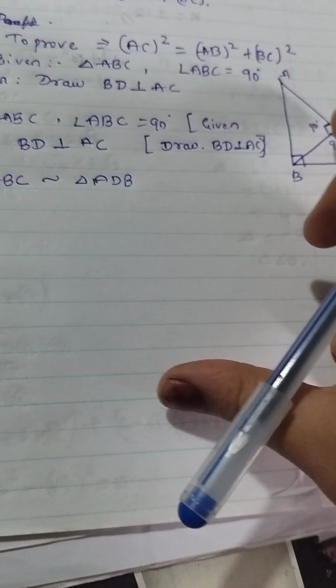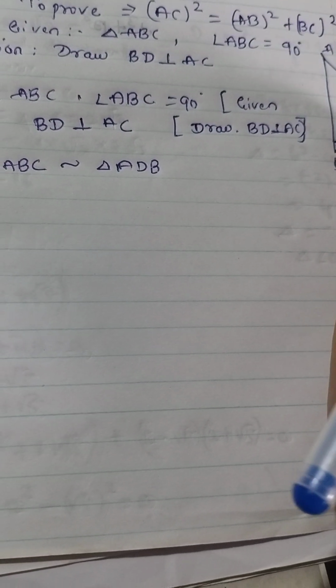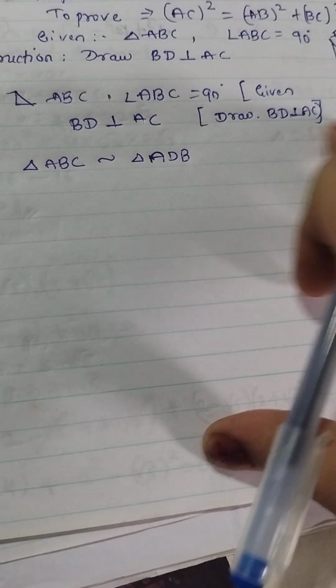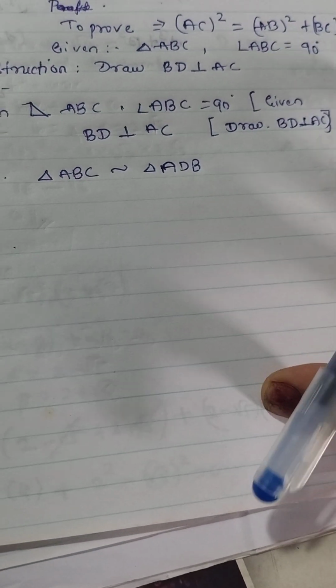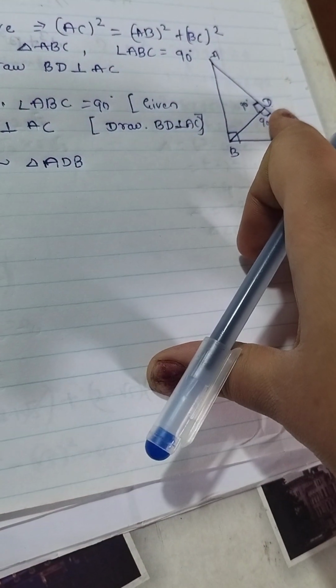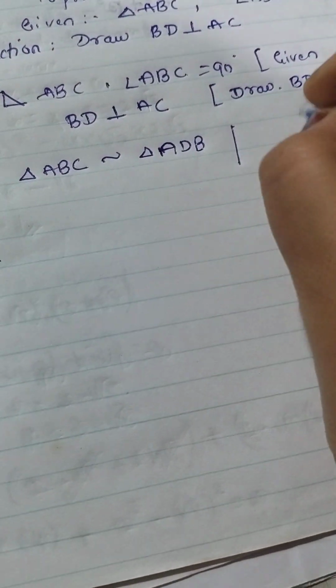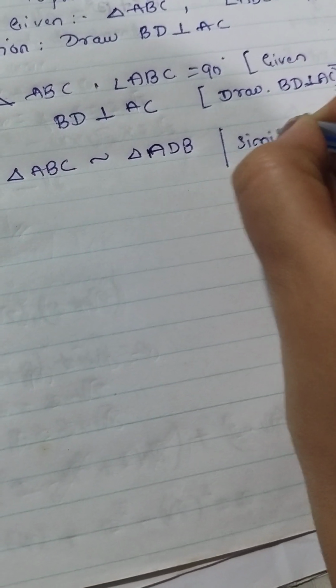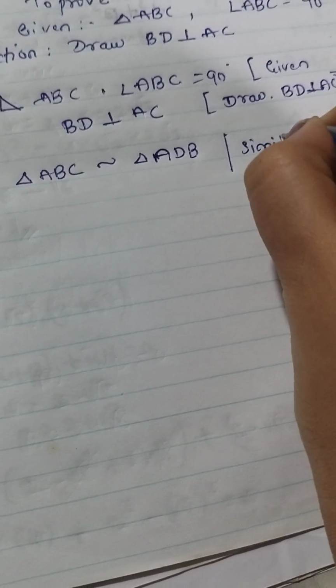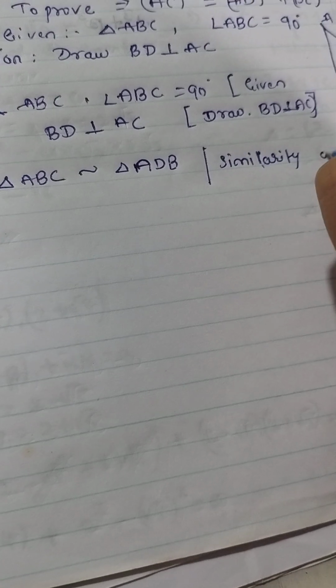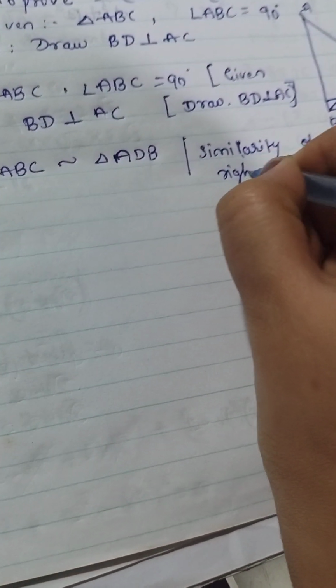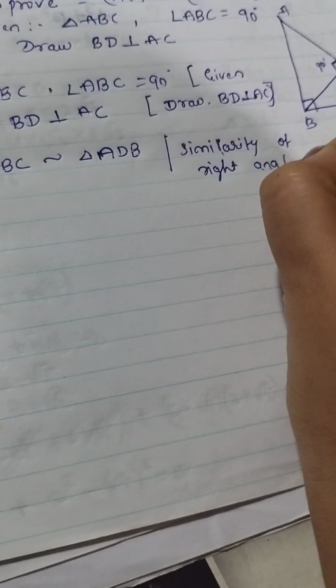ABD and ABC are similar triangles because this angle is 90 degrees, and we construct BD perpendicular to AC. So both are similar triangles because of similarity of right angle triangles.